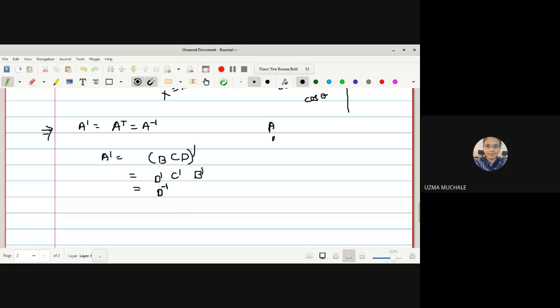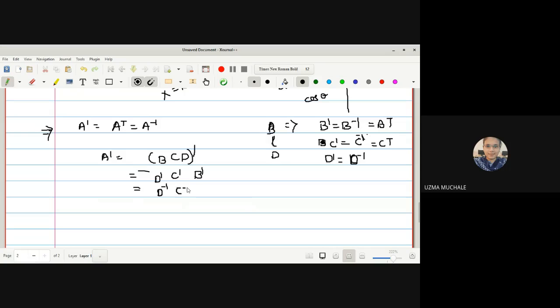We can write for B, B dash is nothing but B inverse, which is nothing but B transpose. Here we can write C dash is nothing but C inverse, which is nothing but C transpose, and similarly D dash is nothing but D inverse, correct?